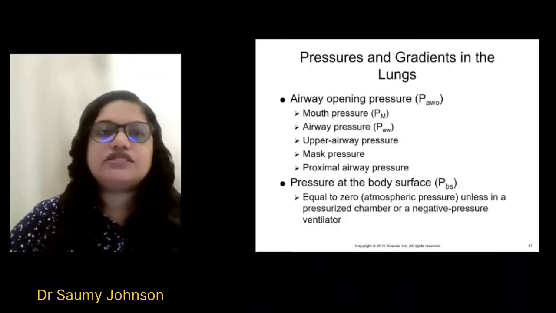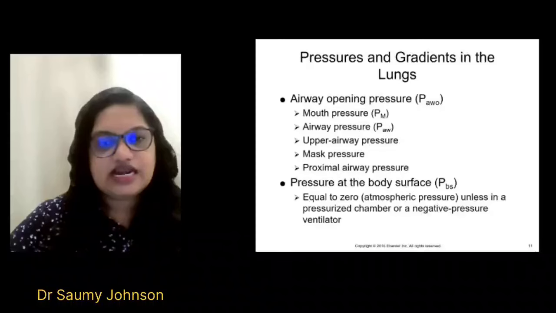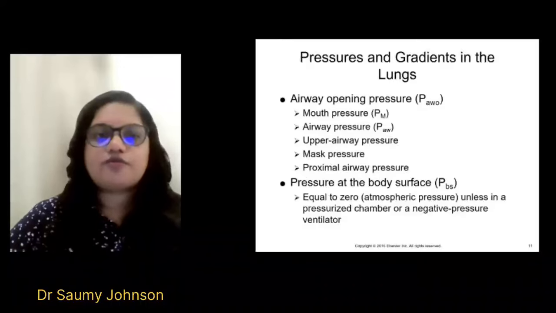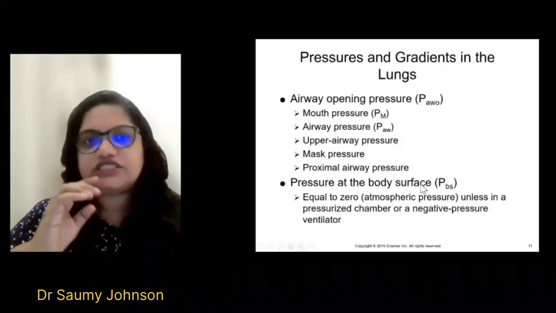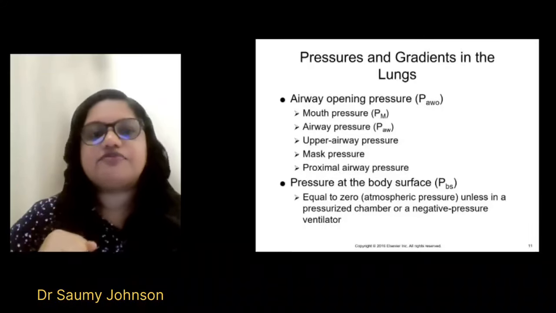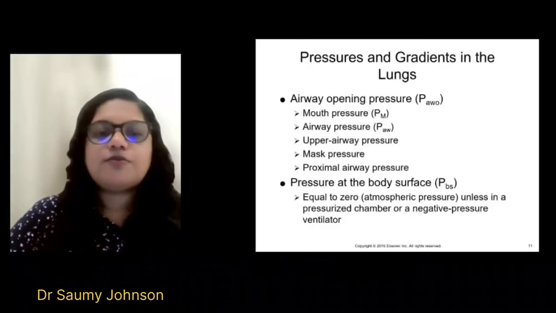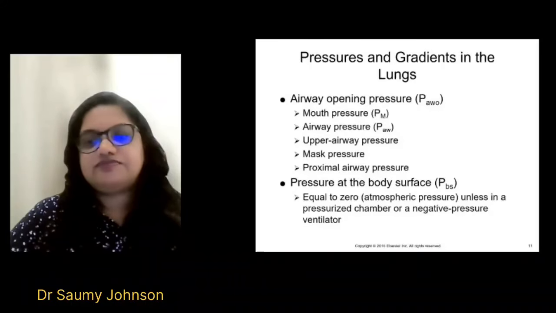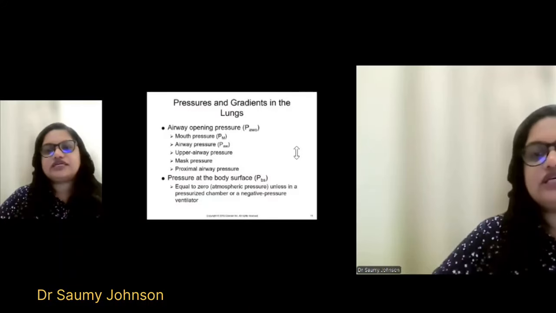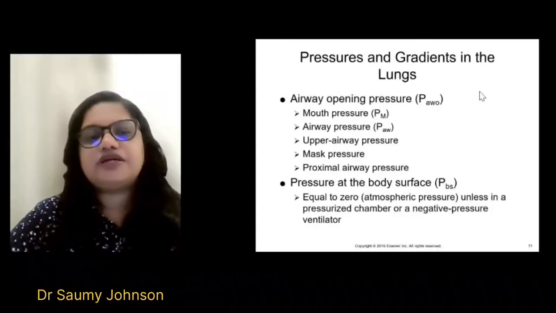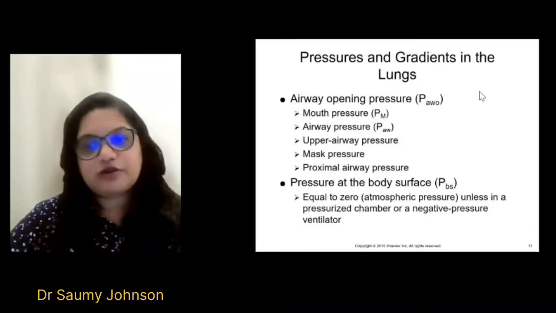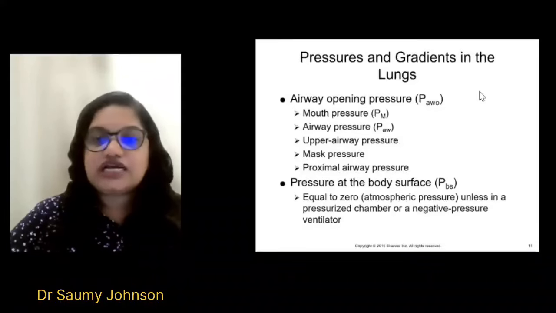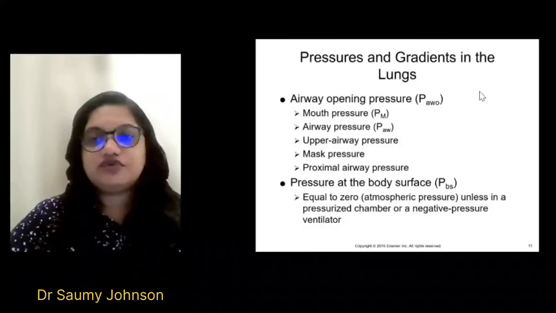Now, let us talk about the pressures and the gradients in the lungs. The first one is airway opening pressure, which can also be called mouth opening pressure, airway pressure, upper airway pressure, mask pressure, or proximal airway pressure. The next one is pressure at the body surface, PBS, which is equal to 0, or the atmospheric pressure, unless in a pressurized chamber or a negative pressure ventilator.